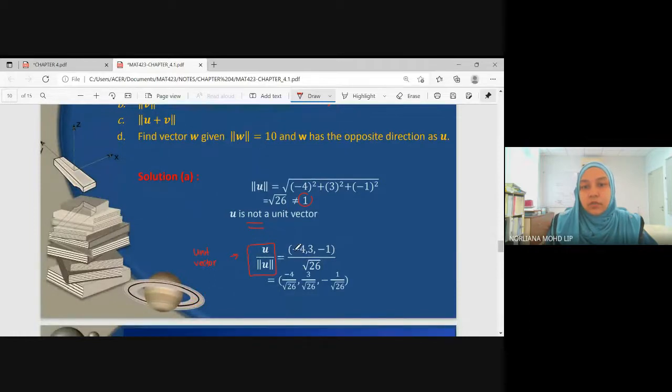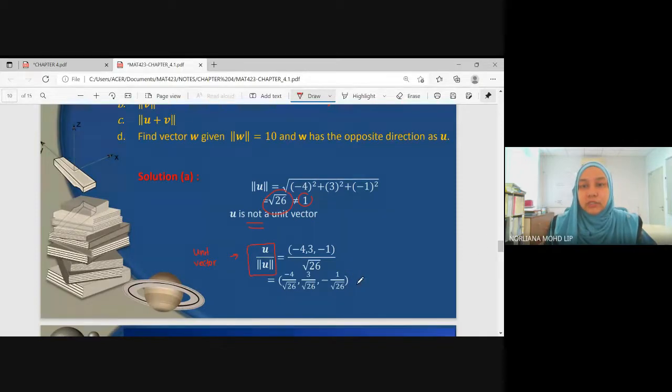So the vector u is (negative 4, 3, negative 1) over the magnitude of u, which is square root 26, as we have found before. So it is negative 4 over square root 26, 3 over square root 26, and negative 1 over square root 26.